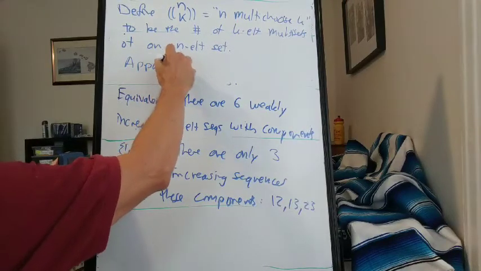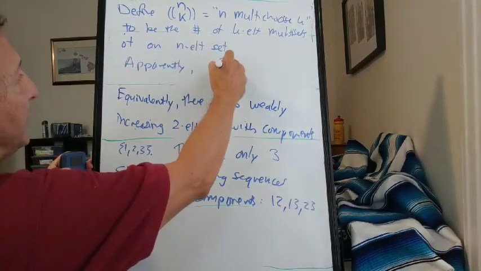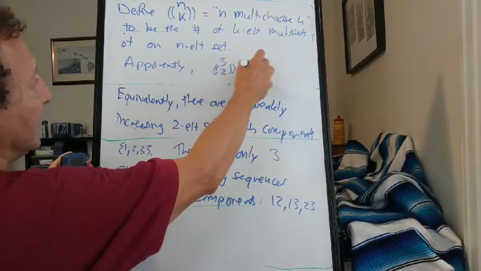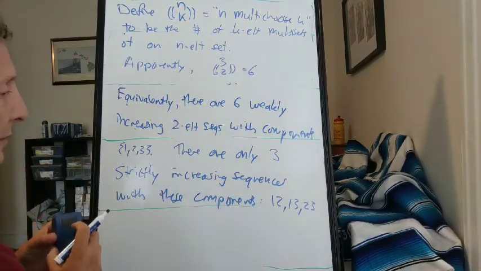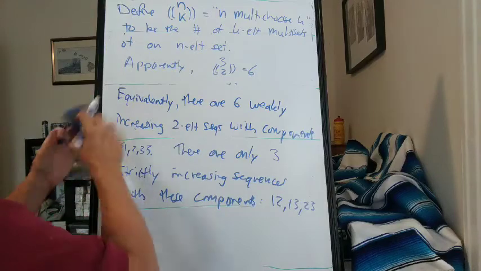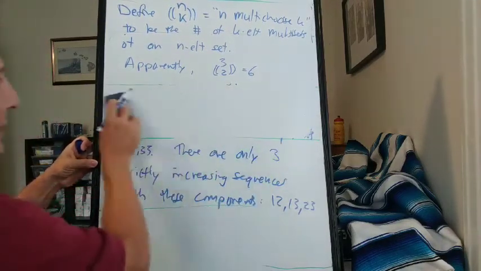So apparently, by what we just did, 3 multi-choose 2 is 6, as opposed to 3 choose 2, which is 3.